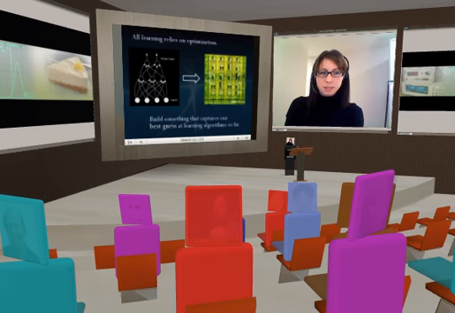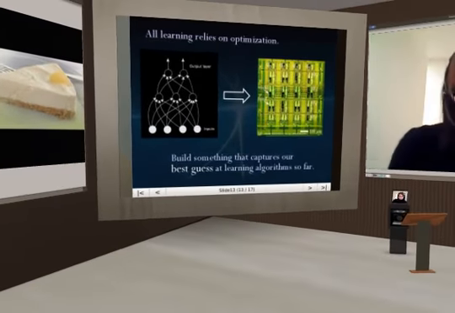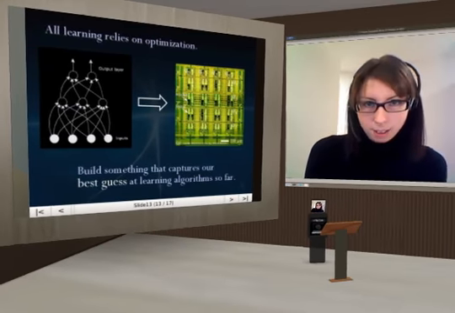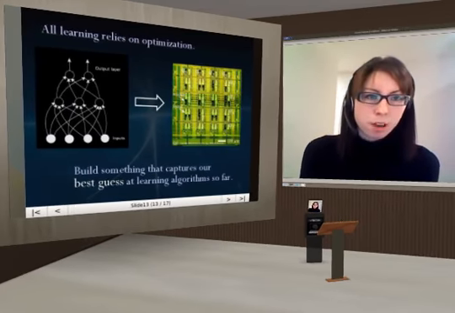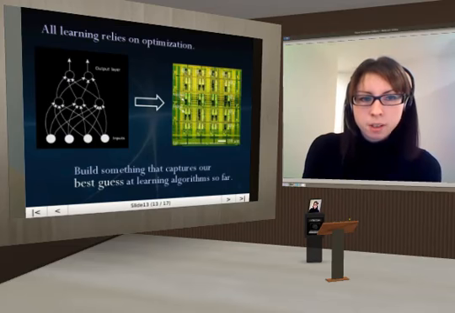I'm not going to go into the details of how people believe the brain works currently. But the main point is that if we're trying to emulate it, we need to take our best guess at the algorithm we think it's running so far, and then try and match our hardware design to the algorithm.